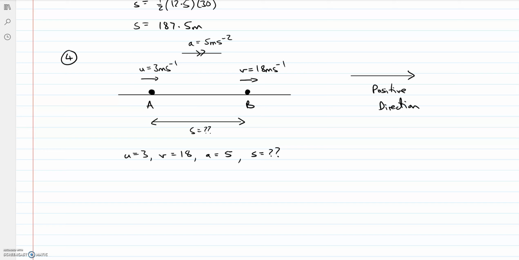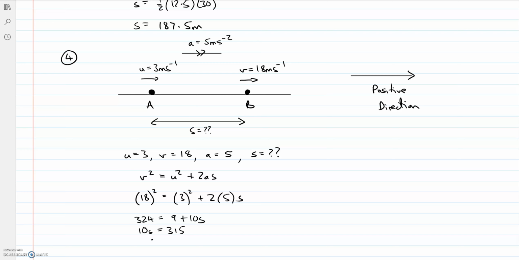So our formula which links these variables is v squared equals u squared plus 2as. v is 18, u is 3, a is 5, and we don't know s. Just tidy this up, 18 squared is 324, and 3 squared is 9. 2 fives are 10, so this is 10s. Rearrange, so subtract 9 from both sides. Divide by 10. So s will be 31.5, and it'll be in meters, it's all in meters and seconds. That's question 4.